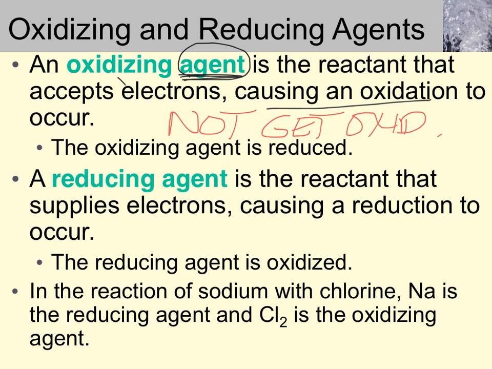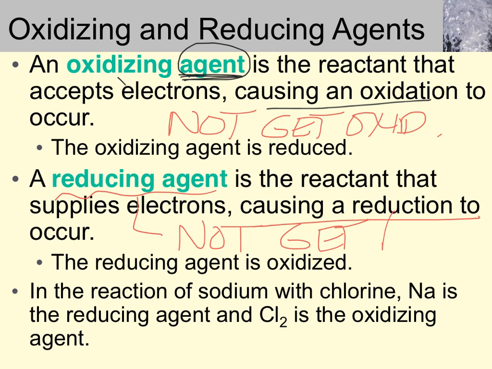It causes something else to get oxidized. Likewise, a reducing agent causes something else to get reduced. It does not get reduced itself. So don't get stumbled up by those words. I hope this doesn't confuse you more, but the oxidizing agent actually gets reduced itself because it causes something else to get oxidized. If you think about that, it makes sense. I'm not going to push it too much.